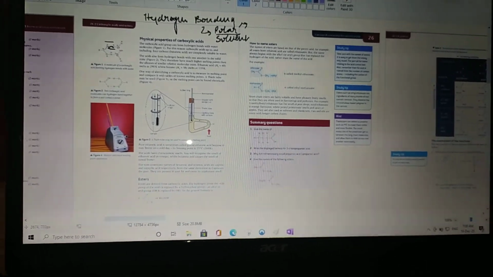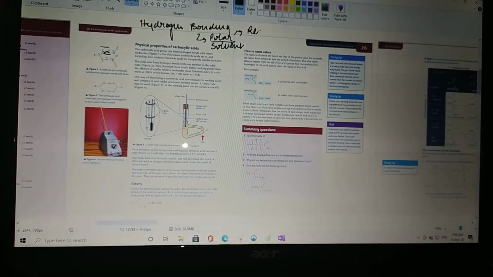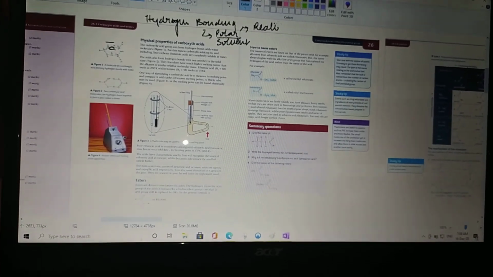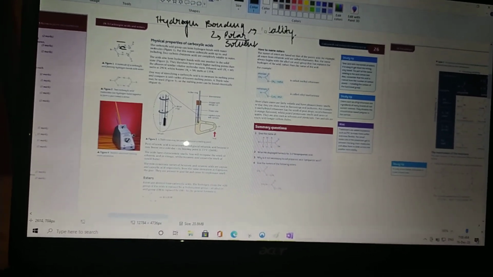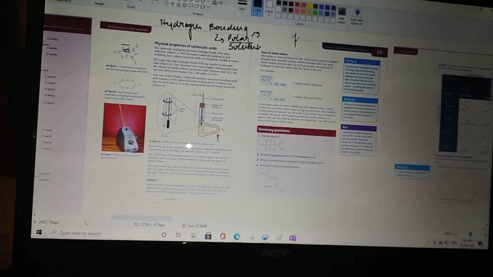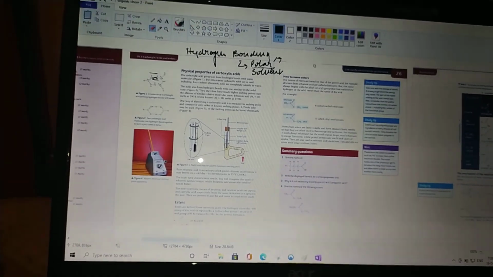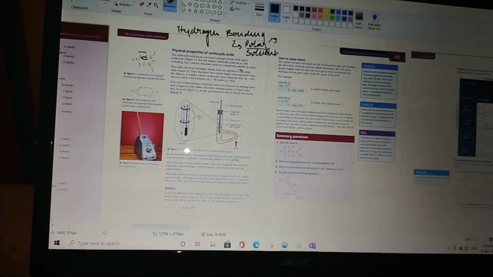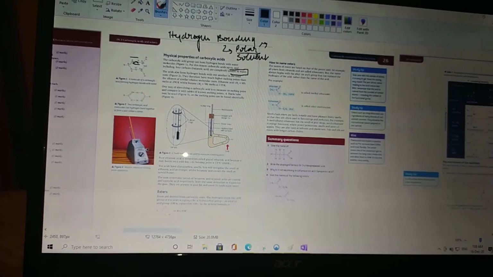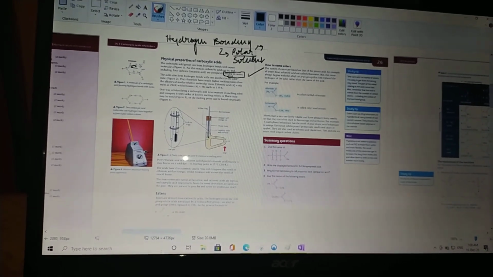They form hydrogen bonds with the water molecules, resulting in them being able to dissolve in water. In other words, they are soluble in water.